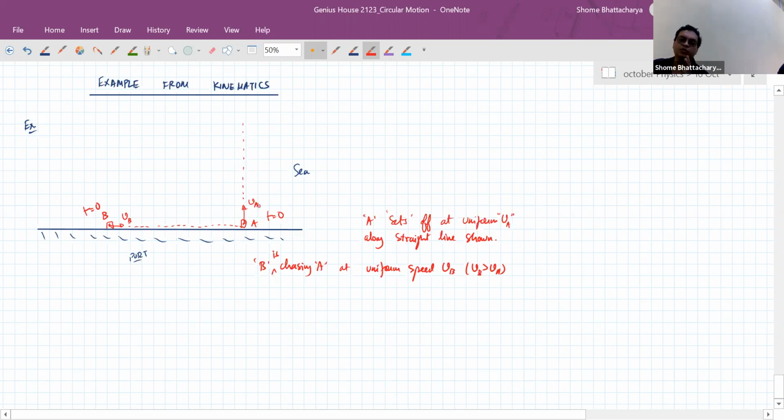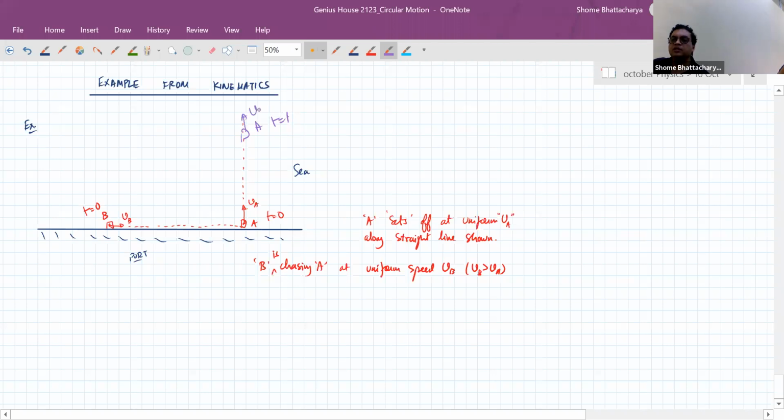Imagine this is the overhead view of a seaport, and ship A has just set off at constant VA in this direction. But for ship B, at t equal to 0, when it starts chasing, the direction of VB is like this. After some time, let's say A has reached here at time t. A is continuing with that uniform velocity along that direction.